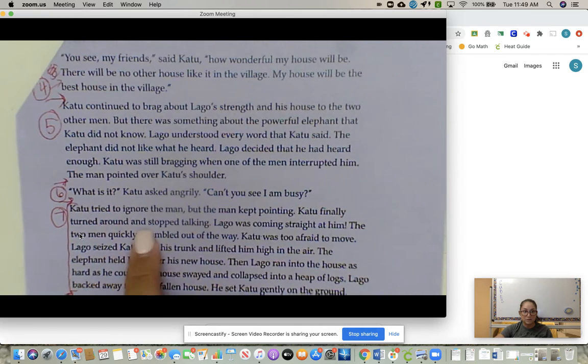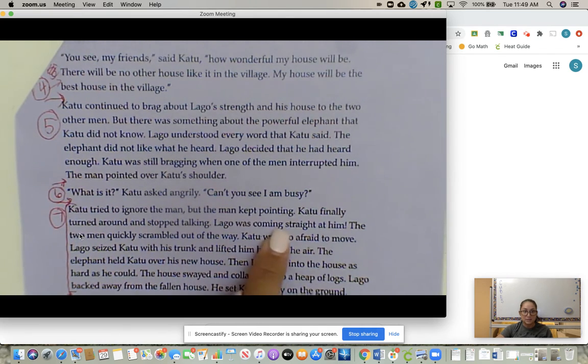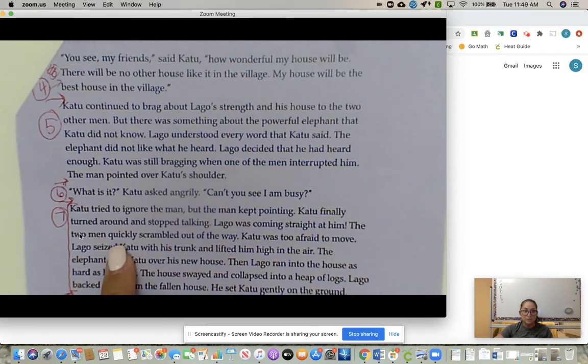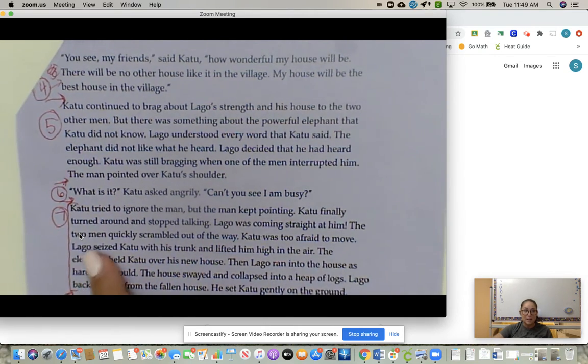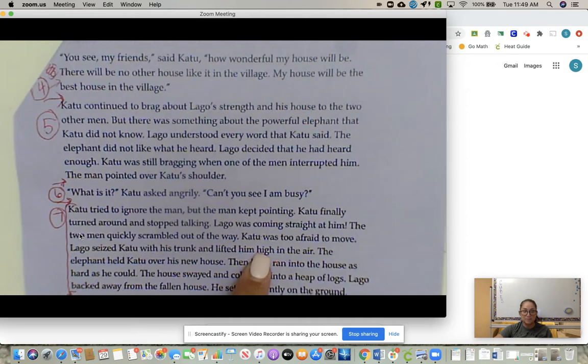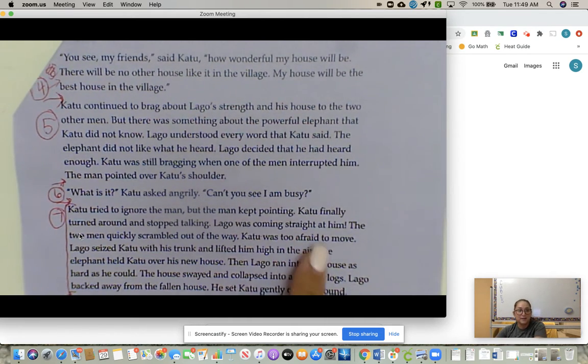Cat 2 finally turned around and stopped talking. Lago was coming straight at him. The 2 men quickly scrambled out of the way. Cat 2 was too afraid to move. Lago seized Cat 2 with his trunk and lifted him high in the air. Then the elephant held Cat 2 over his new house. Okay, then he ran into the house.